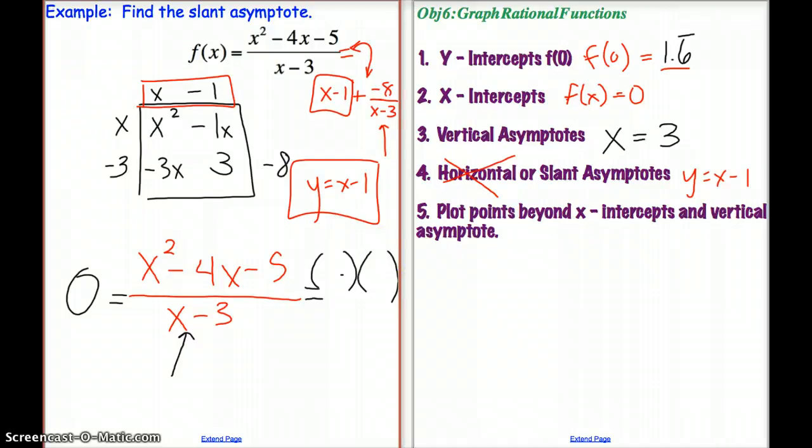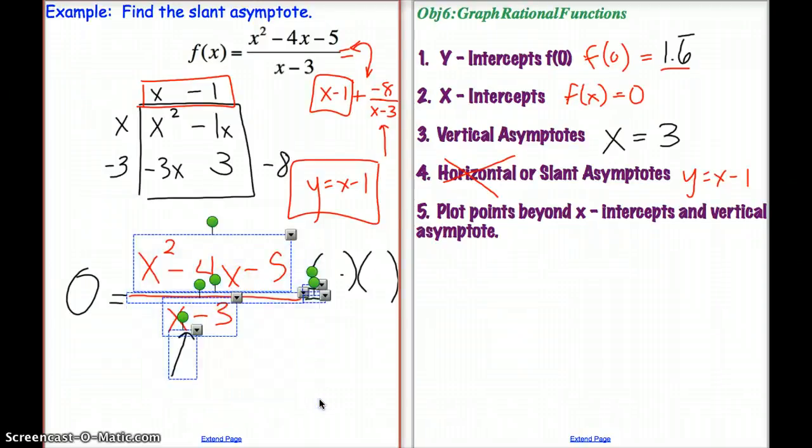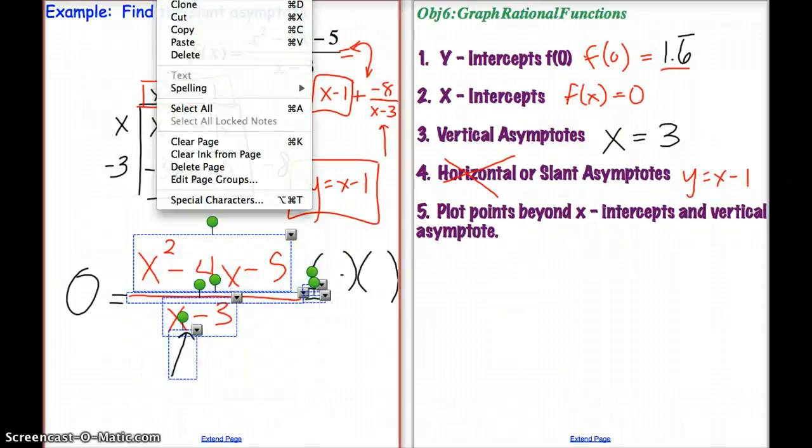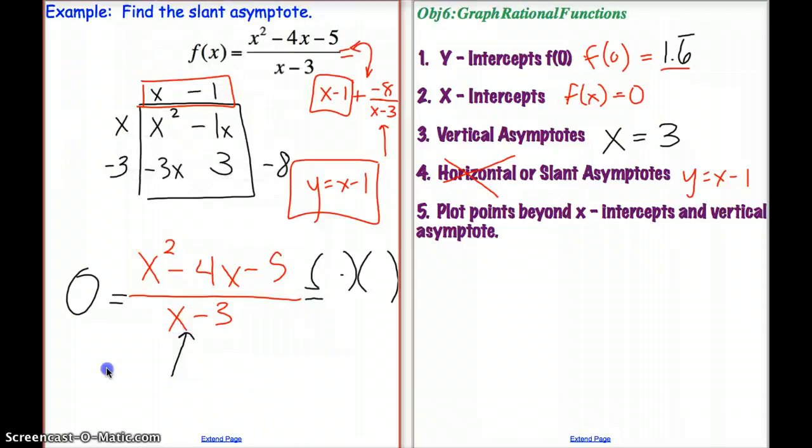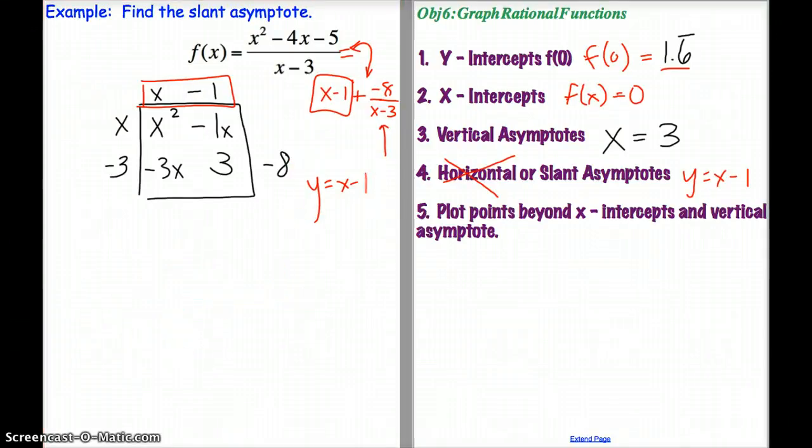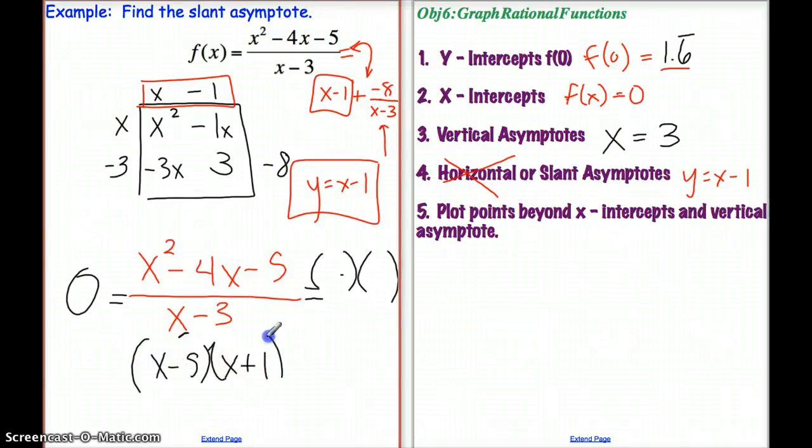So let's see, the numerator factors into x minus 5 times x plus 1. Okay, I know that just because I'm quick with quadratics. If you're not, you try some things.